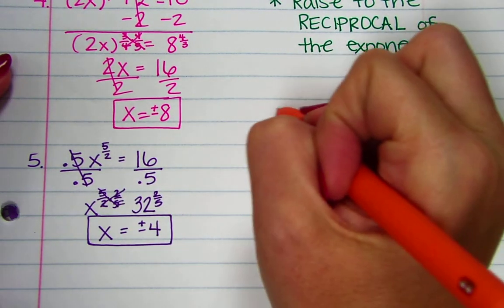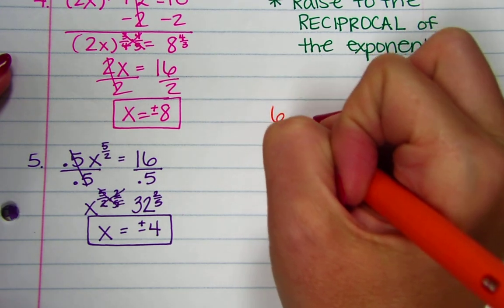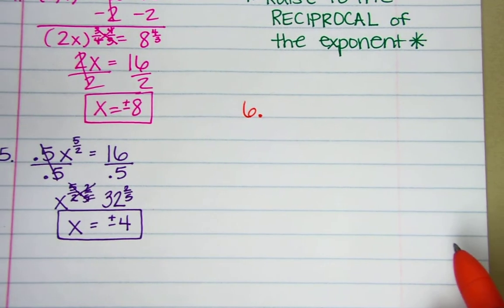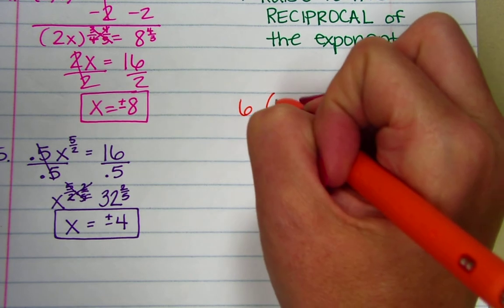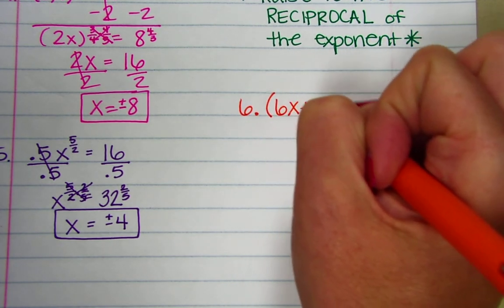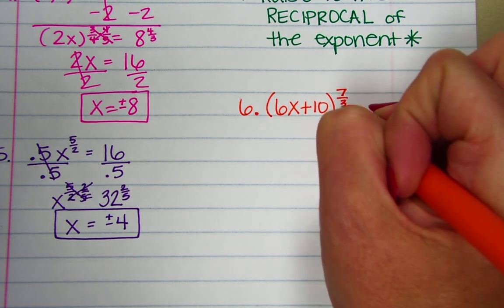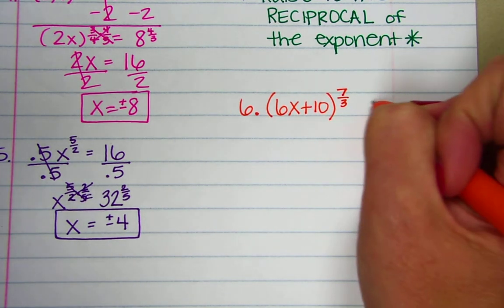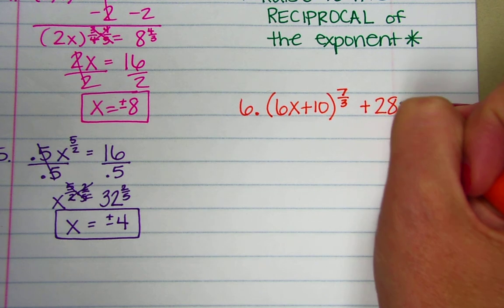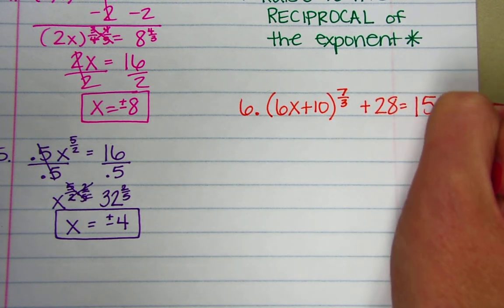A little bit easier. Number 6. (6x plus 10) to the 7/3 plus 28 equals 156.